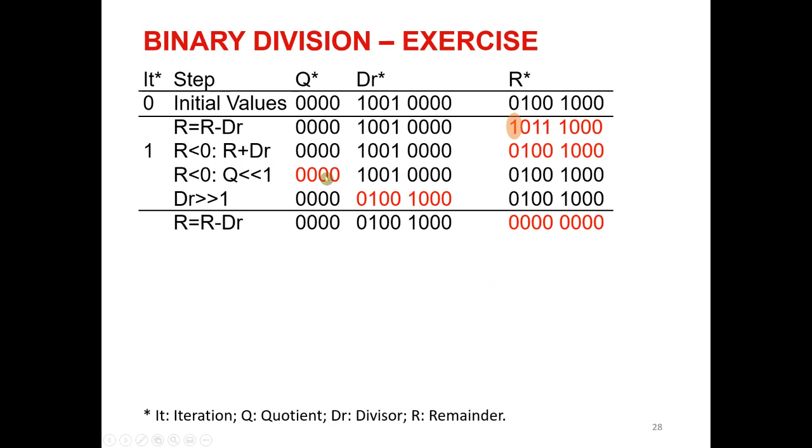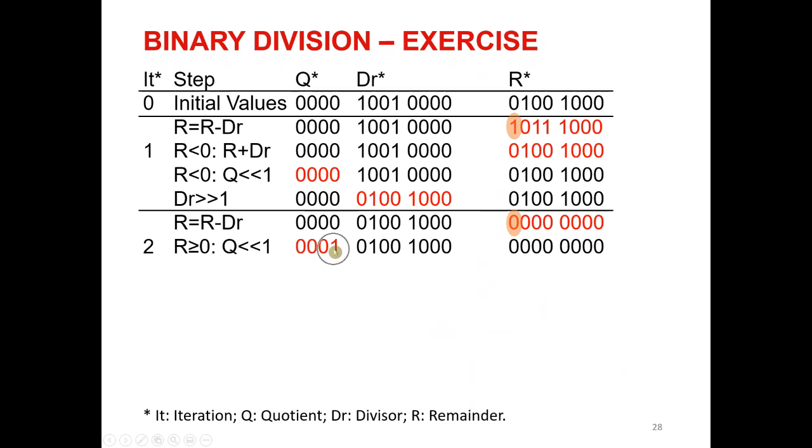Then, again, we subtract the divisor from the remainder, and it gives us this value. In this case, the leftmost bit is 0, so the number is positive. So we shift the quotient left, but in this case we add 1.